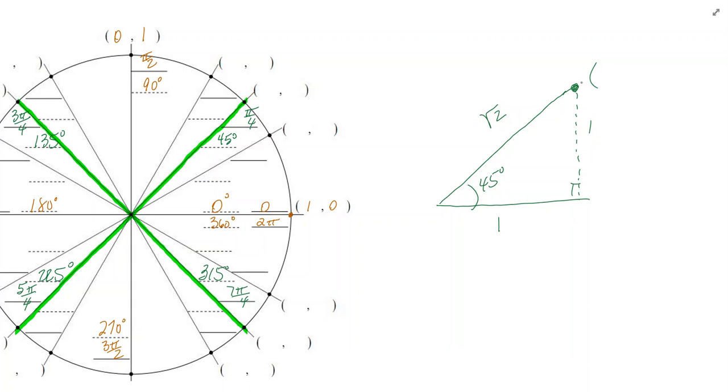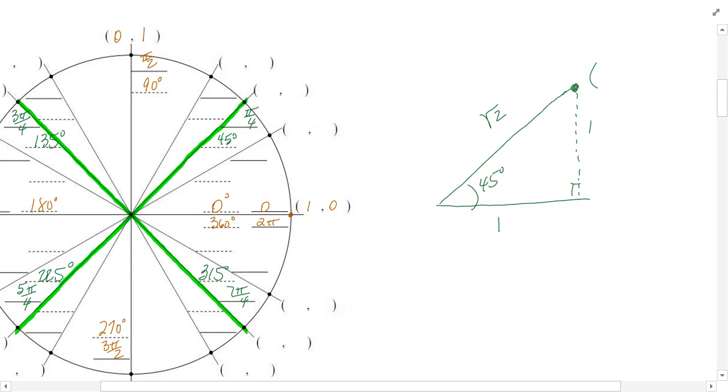So let's think about our triangle again. If we have our triangle who has a leg of 1, a leg of 1, and a hypotenuse of the square root of 2, but I'm trying to fit this on my unit circle, I actually need the radius, or this hypotenuse here, to be scaled down to be a radius of 1.